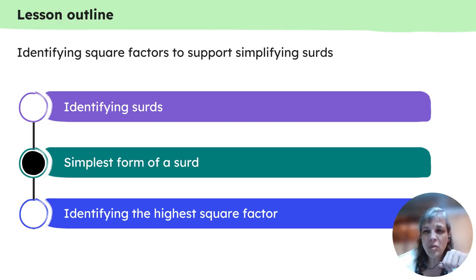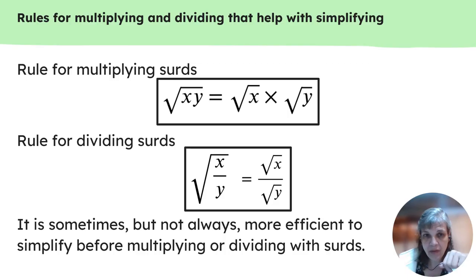So we know now what surds are. We want to think about, well, how do we get to the simplest form of a surd? And how do we find these square factors? Now, thinking ahead a little bit, we're going to see that when we multiply surds or divide surds, you can multiply surds and have a square root sign over xy, or you can express that as the square root of x times the square root of y. That's the same thing.